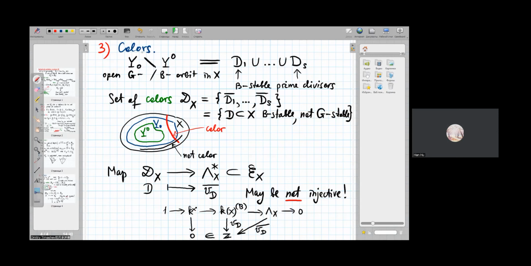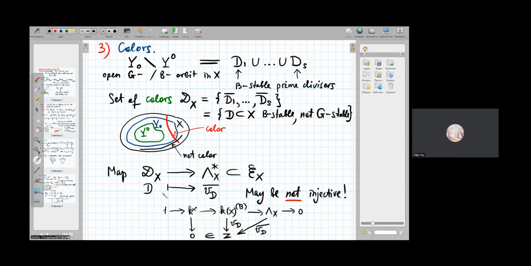Okay, let's continue. We introduced the set of colors, and it is clear that this set, together with this map from this set to the dual of the weight lattice, essentially does not depend on X. It depends only on the open G orbit in X, in other words, on the G-birational class of X. Just because all colors intersect the open orbit, and there is a one-to-one correspondence between colors and the components of the complement to the open B orbit.